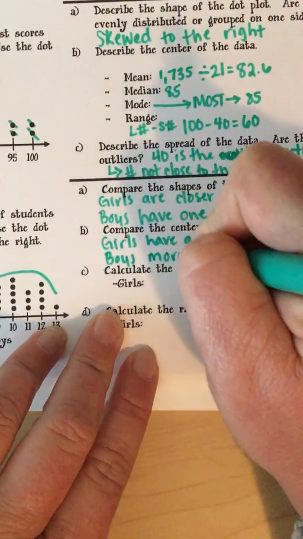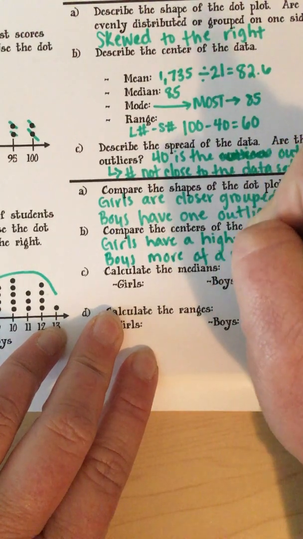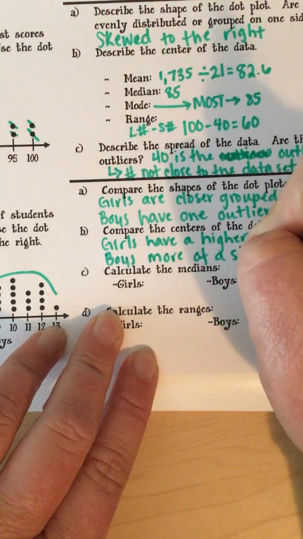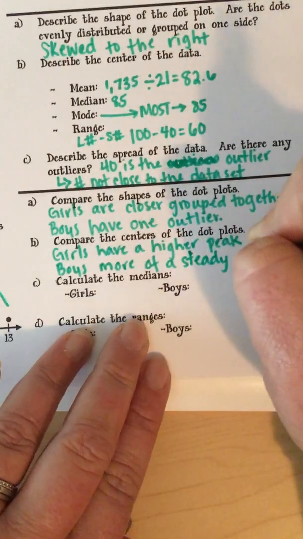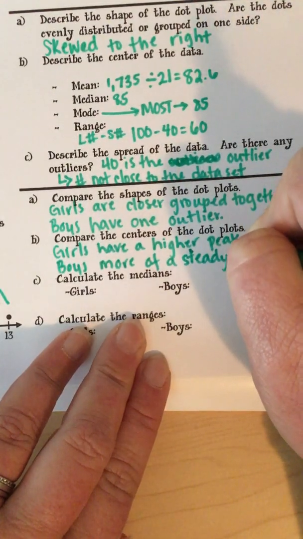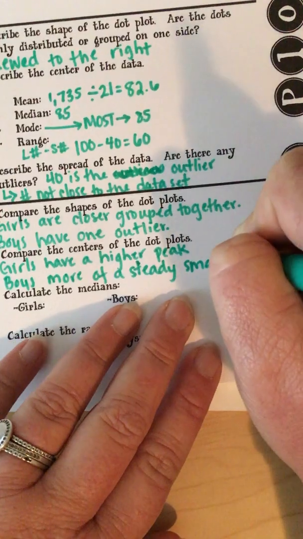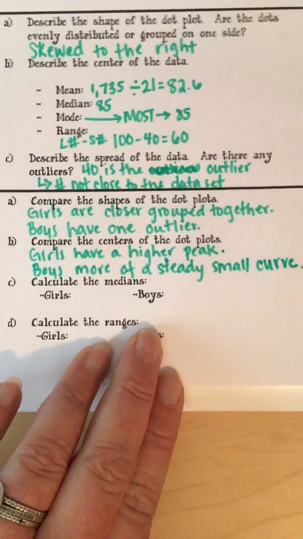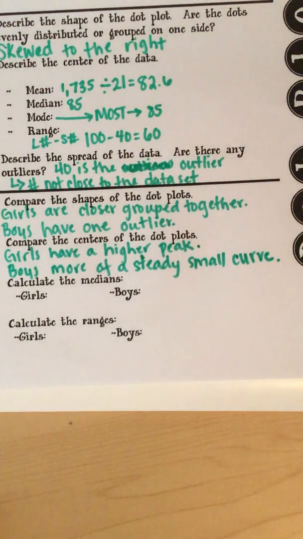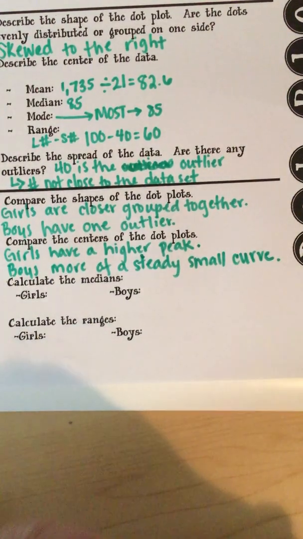Boys more of a, we'll say, steady, small curve. Okay, are these the only things you can say? Absolutely not. But these are just two of those.